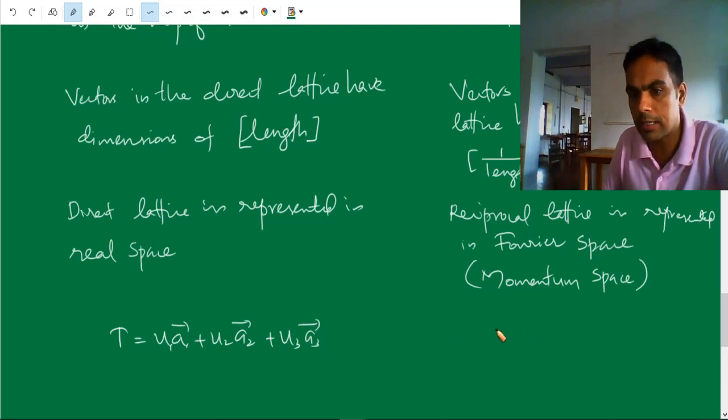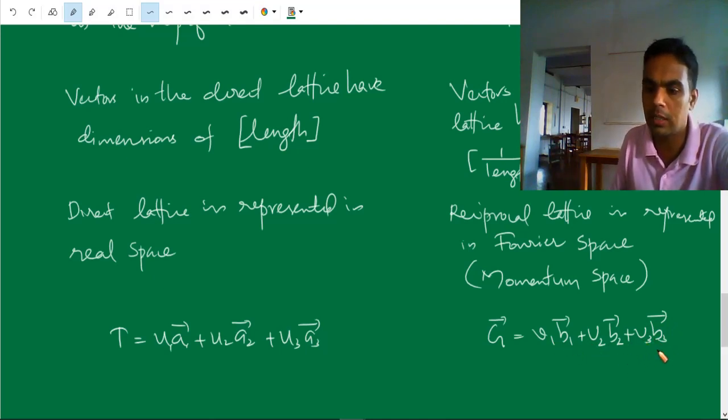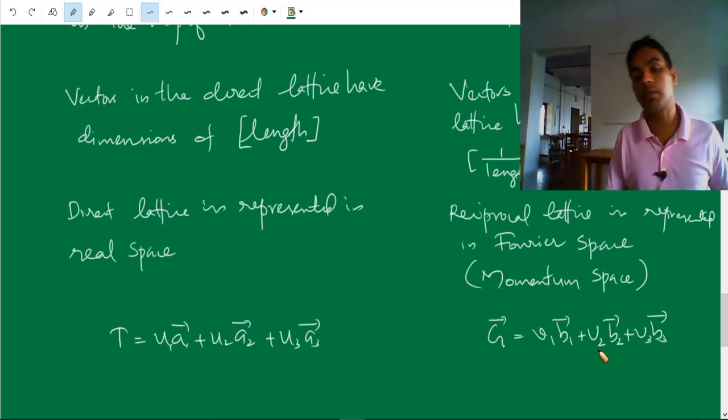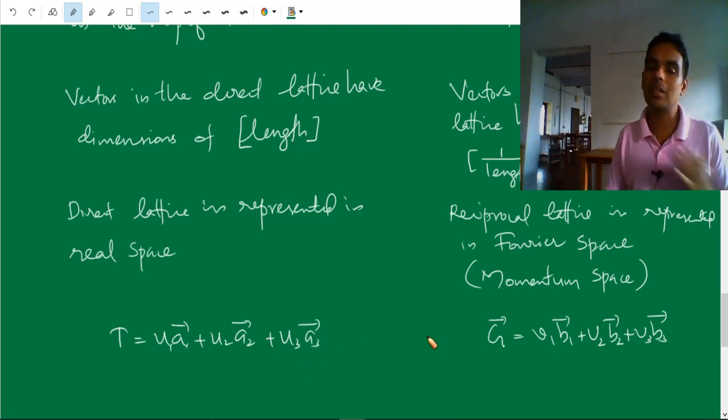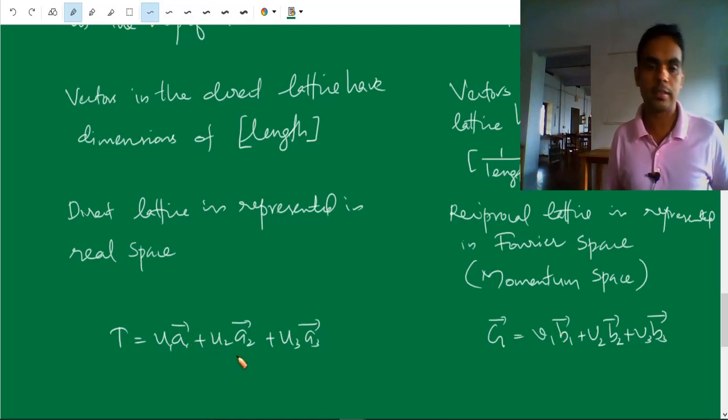In the reciprocal lattice, the lattice points are mapped by vectors v1 b1 plus v2 b2 plus v3 b3. Here v1, v2, v3 are integers, and b1, b2, b3 are the axis vectors in the reciprocal lattice. Both are translation vectors in their respective lattices.